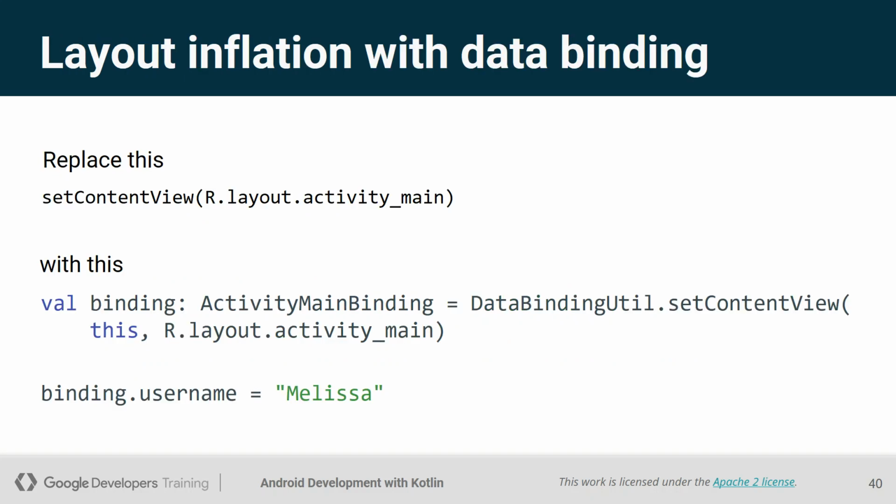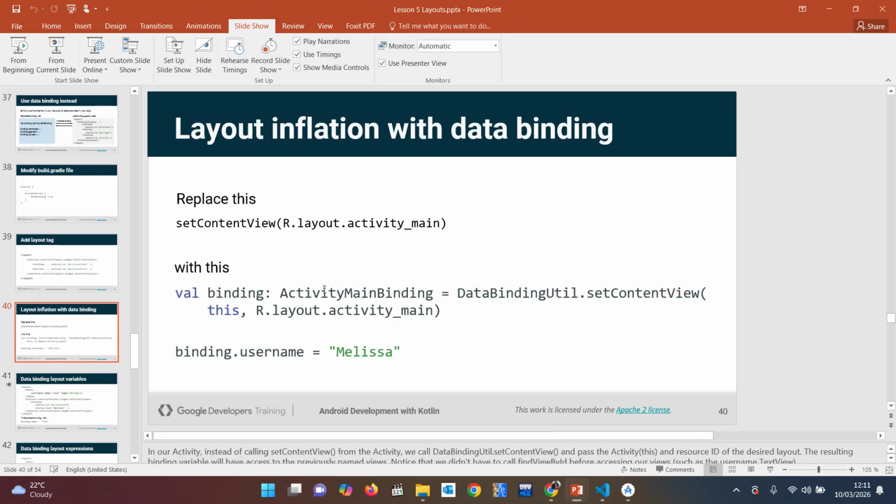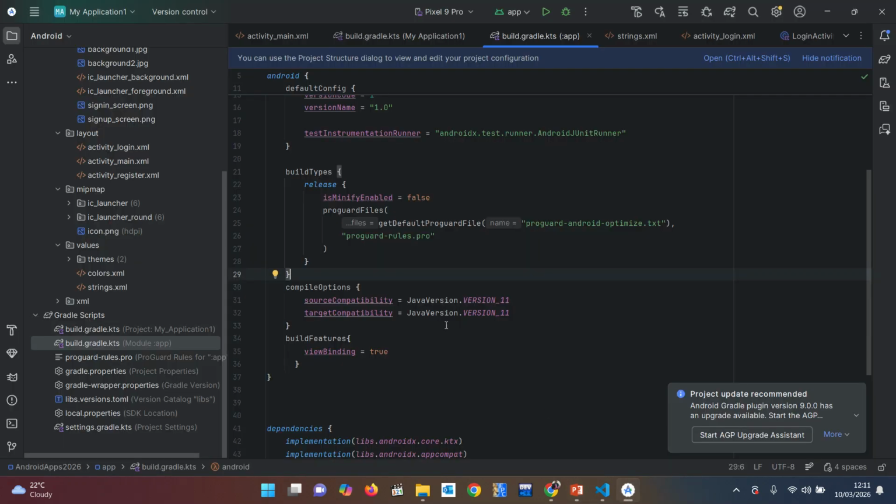Then replacing that setContentView to R.layout.activity_main with this. So when you say val binding, then you want this one now not to be read as a view, but you want it to be read as a binding data type. So when you're binding with data types, then you need, and also the same thing, in case you don't want to use views, come to this side here and change this one from view binding to data binding.